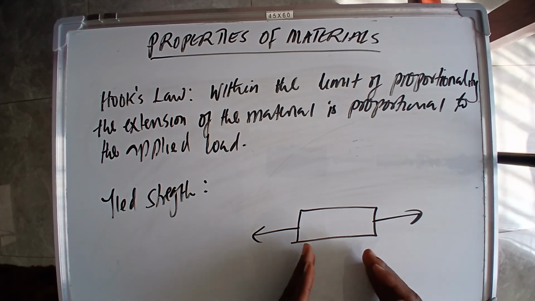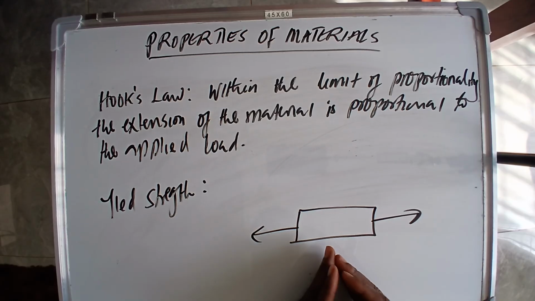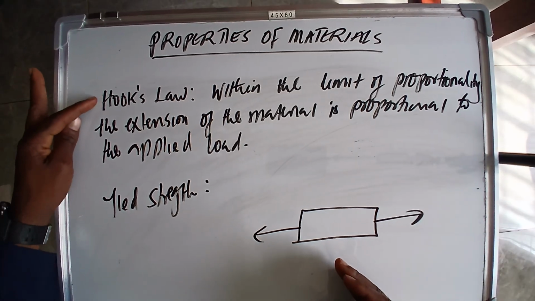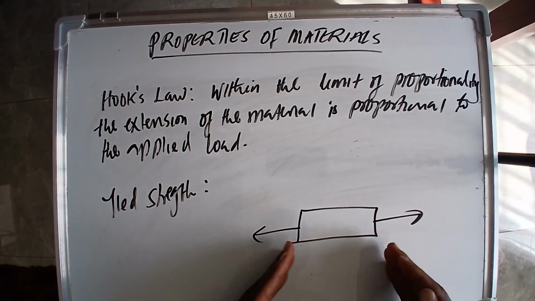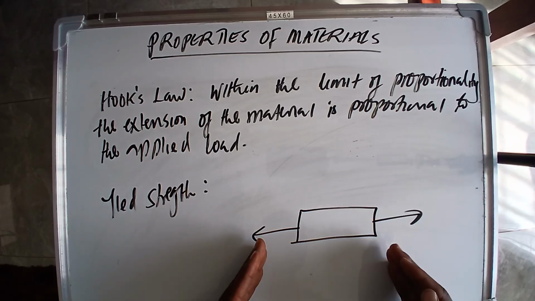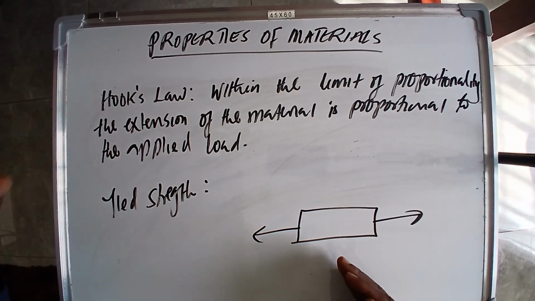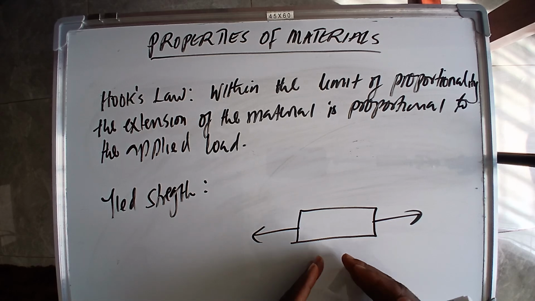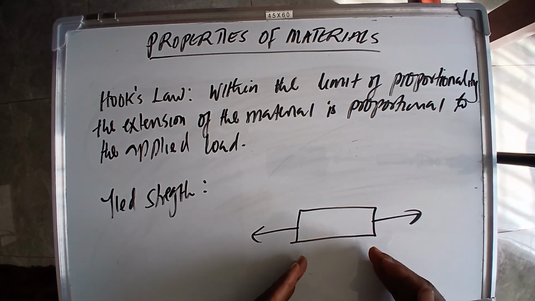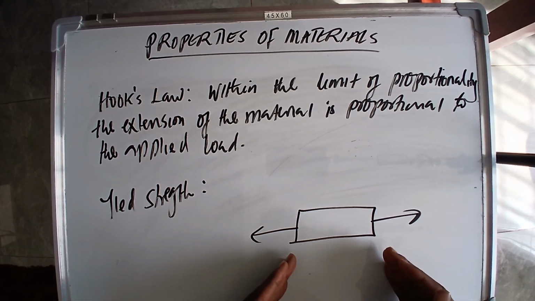Once you stop pulling it, it will return to its original shape. That's where Hooke's law applies. Then, as you pull the material, at some point it will stop coming back.